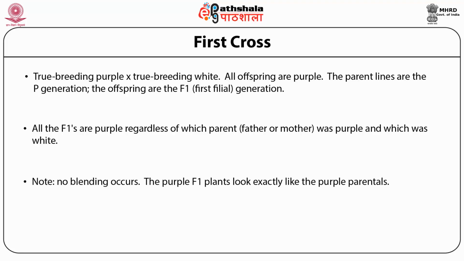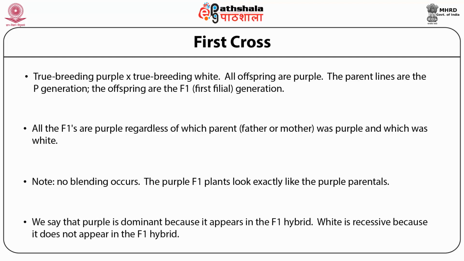The purple F1 plants look exactly like the purple parentals. We say that purple is dominant because it appears in the F1 hybrid. White is recessive because it does not appear in the F1 hybrid.